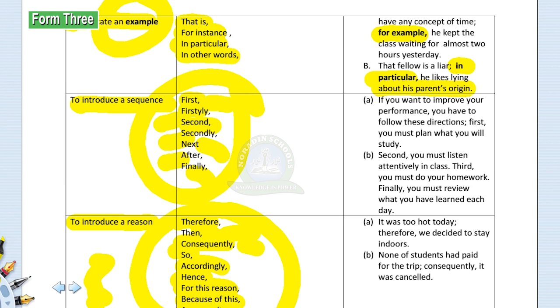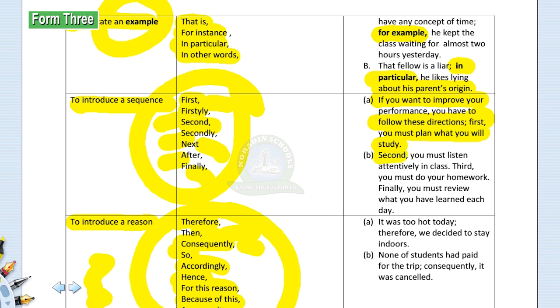If you want to improve your performance, you have to follow these directions. Look, and then you say, first, you must plan what you will study. The second example, look.